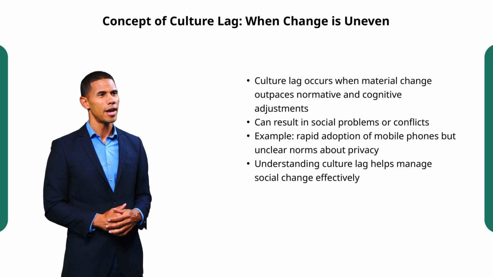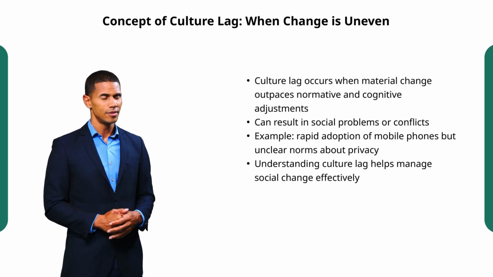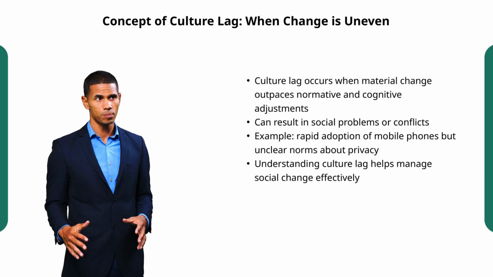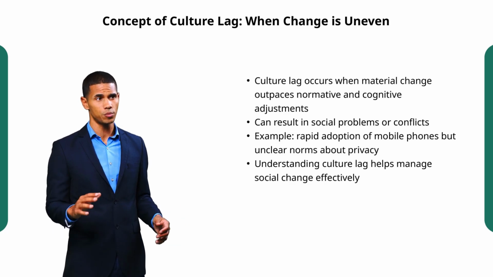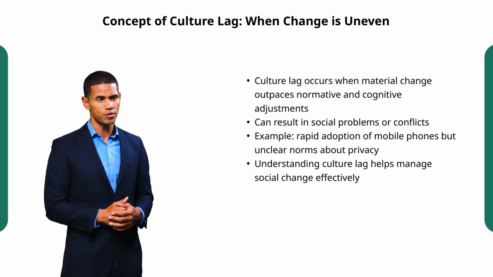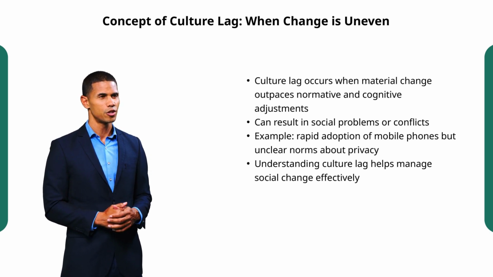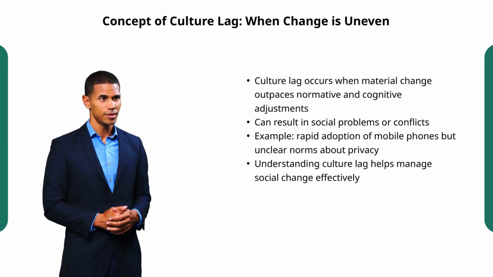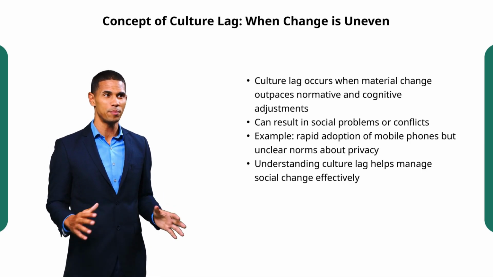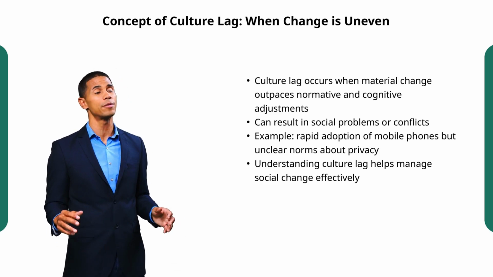While most people adapt quickly to using these devices, society is still figuring out rules about privacy, responsible use, and cyberbullying. This lag between technology and norms can cause social conflicts, misunderstandings, and regulation challenges. Understanding culture lag helps policymakers, educators, and communities manage the pace and impact of change.